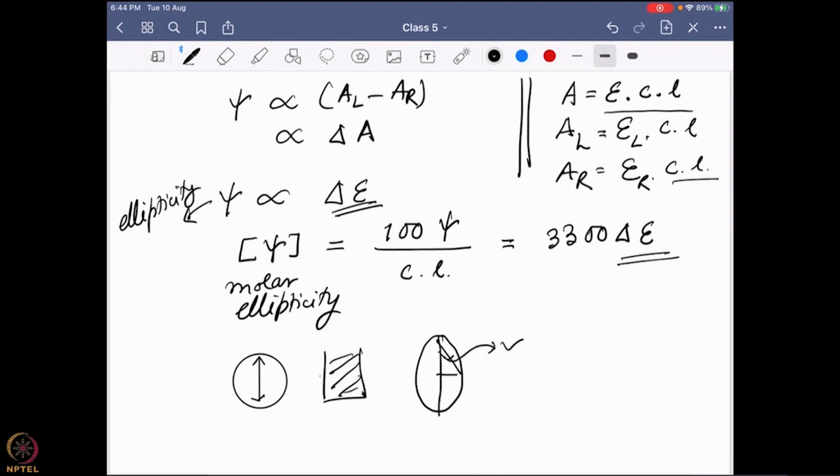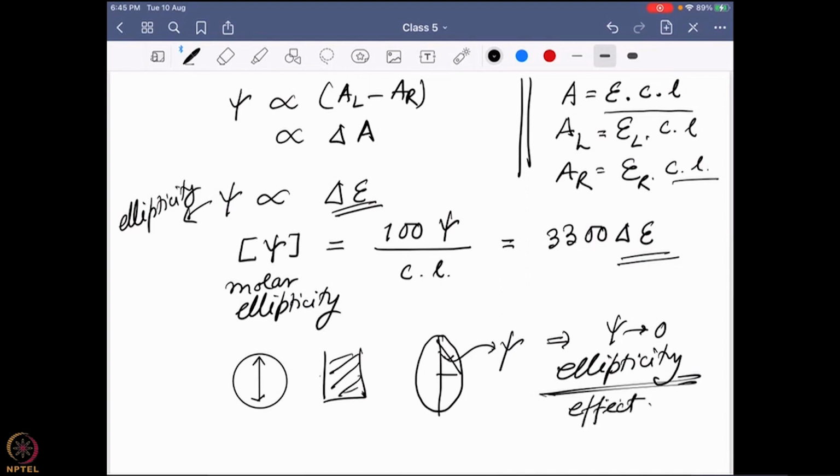And this value is known as the psi, and this generally tends to be very close to 0. So this is known as the ellipticity. And this ellipticity is very similar to the optical rotation. It is a direct effect or result of a physical phenomenon.